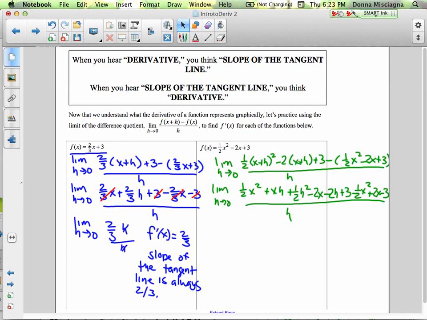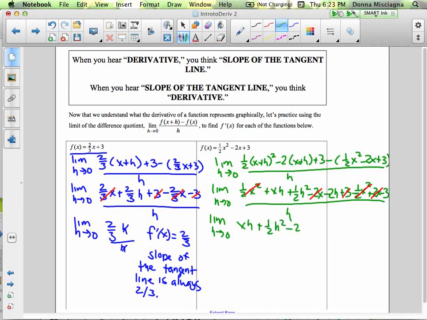The x squareds will cancel out. The 2x's will cancel out. The 3 will cancel out. So that's going to leave the limit as h approaches 0. See, these polynomial ones aren't too bad. xh plus 1/2 h squared minus 2h, that's it, all divided by h. Let's factor out the h, so we have the limit as h approaches 0 of h times (x plus 1/2 h minus 2) divided by h.